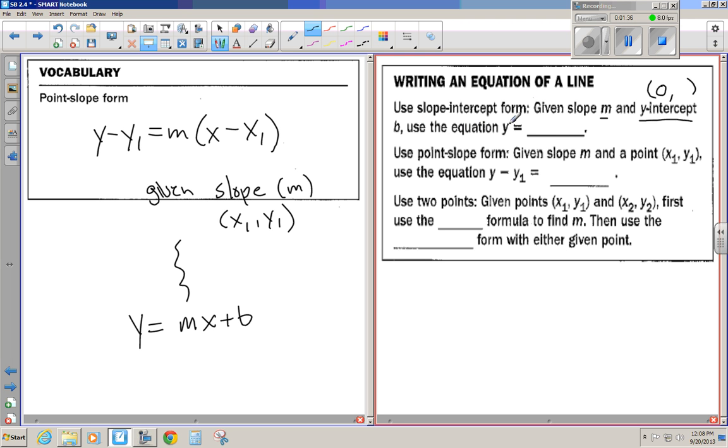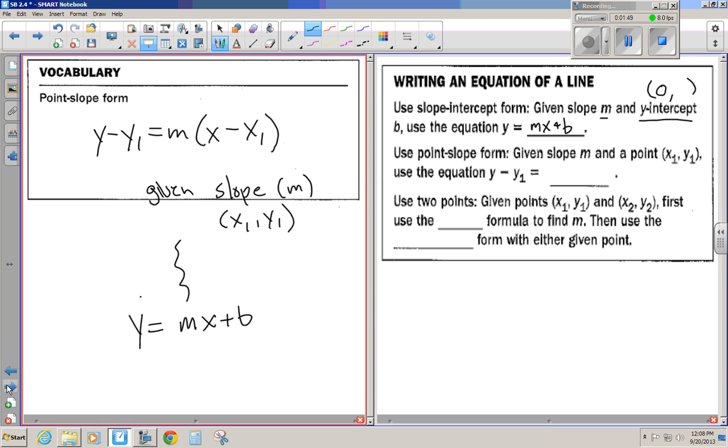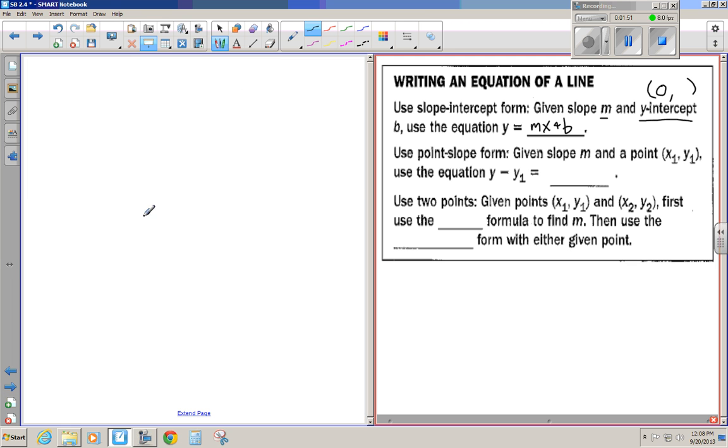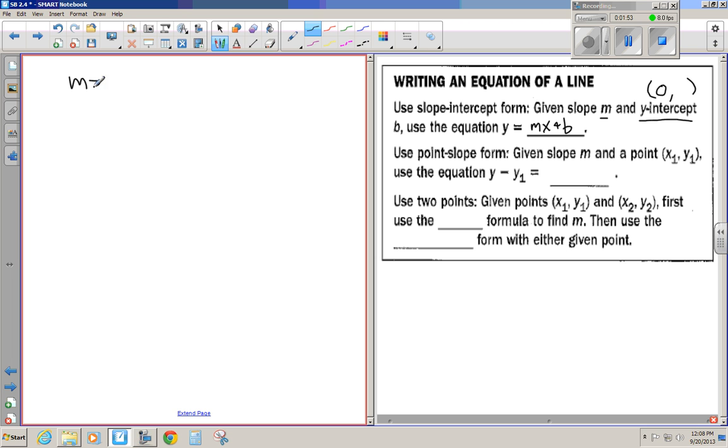Use the equation y equals mx plus b. Because we know m, we know b, you have an equation instantly. To tell you what I mean, if I say, hey, everyone, m is 2, b is 4, write an equation for the line, well, you would say the equation is y equals 2x plus 4.